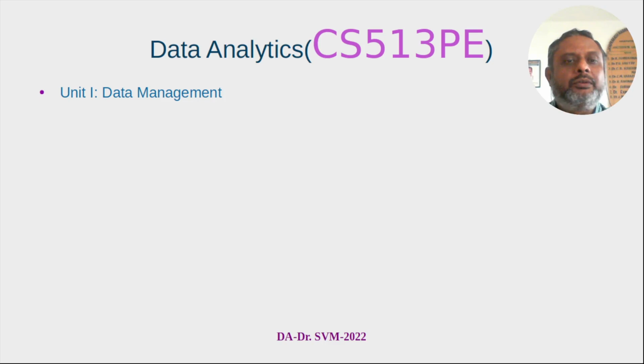In the first unit, we need to look at what data management is, how data is managed, what is data, the definition of data, the architecture of the data management system, and all details are going to be studied in this first unit.